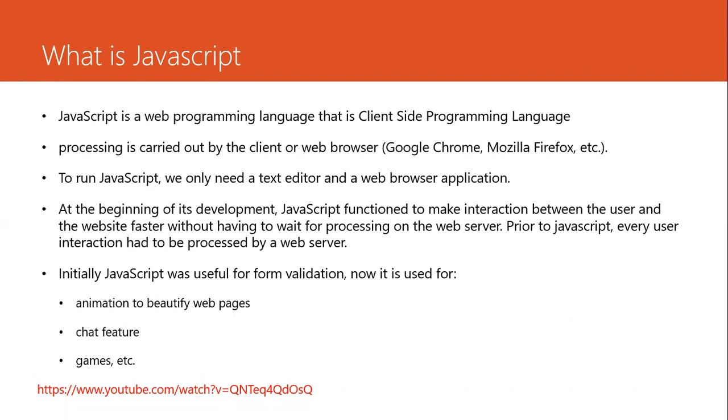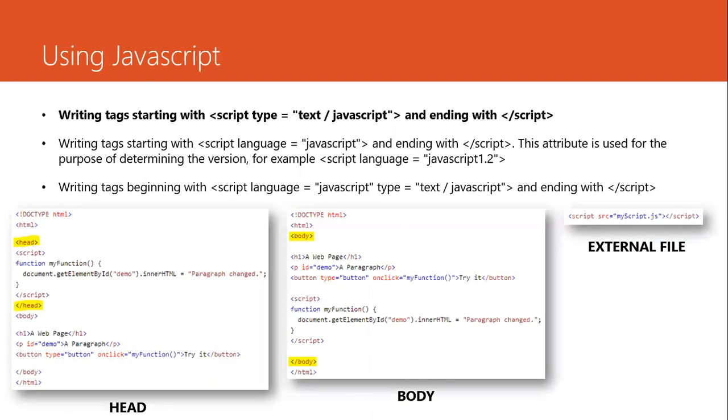So your website will be more attractive. We can also make games actually, but I cannot find an example of making games in JavaScript. Maybe you can find it by yourself.